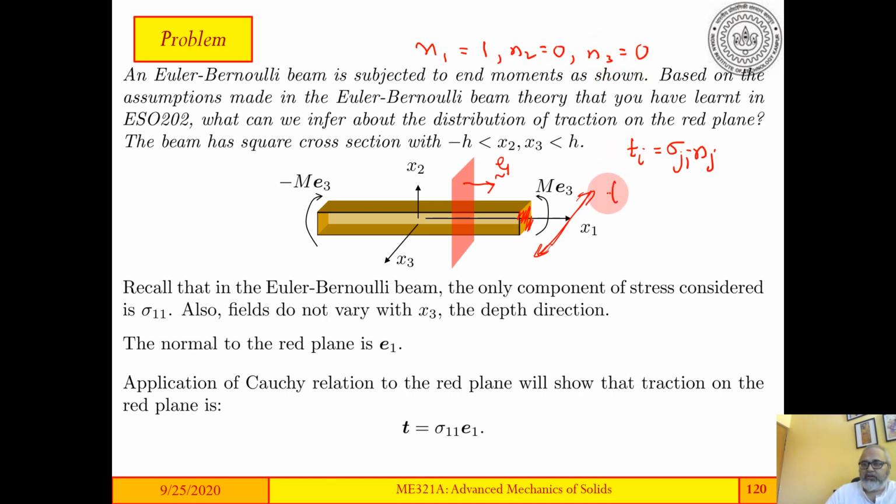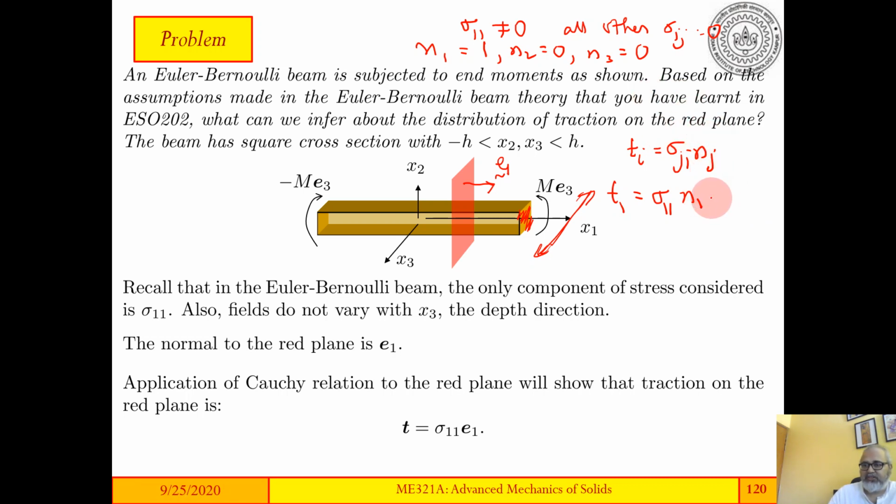Only sigma 11 is not equal to 0; all other sigma ij are 0.